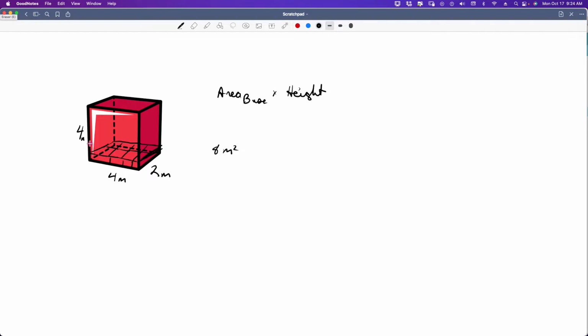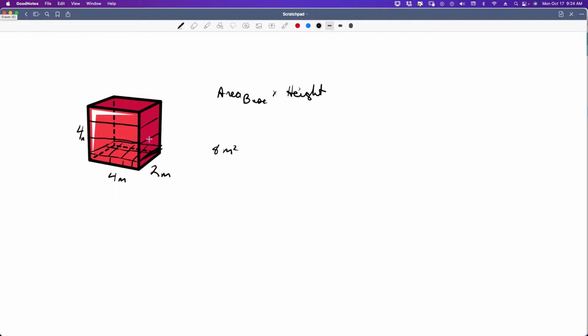But then we have 4 of these sections stacked up. 1, 2, 3, 4. And if there are 8 of these in each section, then we need to multiply that by how many sections we have on top of each other, right?